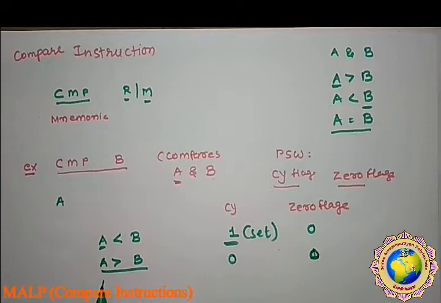When A is equal to B, the zero flag is 1 and the carry flag is 0. So for A less than B, the carry flag is set.